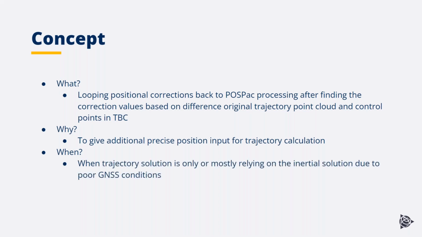We would use this when the trajectory solution is only or mostly relying on the inertial solution, usually because there have been poor or no GNSS observations available. So Pfix is something you would consider when you have a really poor data set from the positioning and navigation and orientation perspective. If you're in open sky and have a good base station, you would probably not need to do this. You could just use the normal registration.